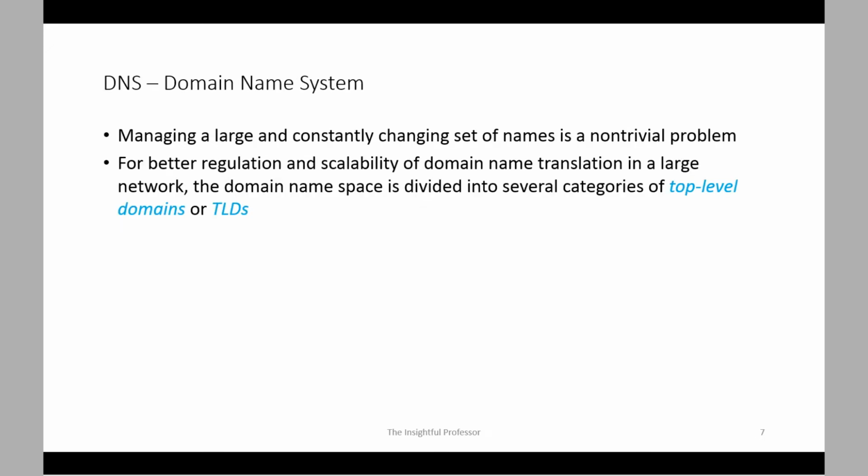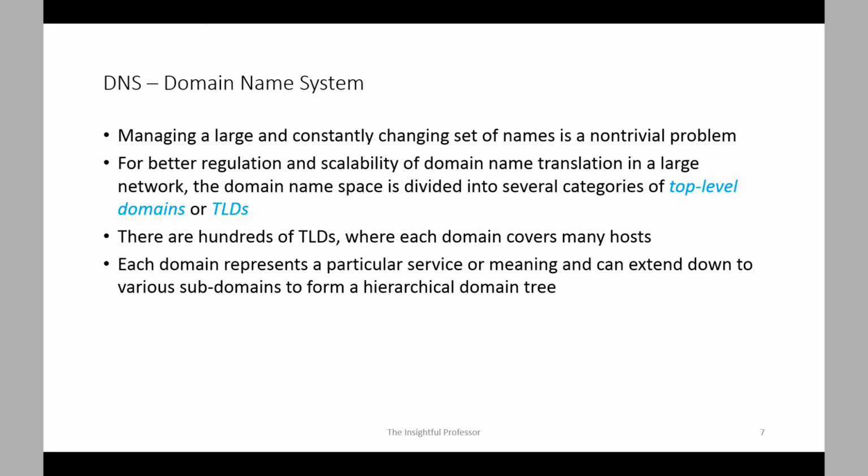As we noted, DNS mapping information is stored in a large database, in fact, a distributed database. So to manage the complexity and size of the database, we see that it is broken up into different segments. For example, there's something called domain name space, and this is divided into several categories of what are called TLDs, or top-level domains.